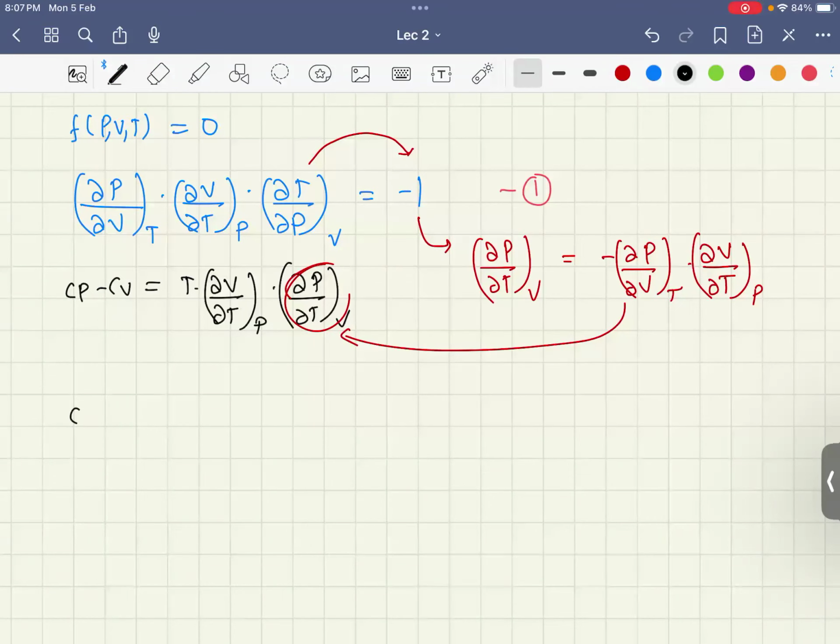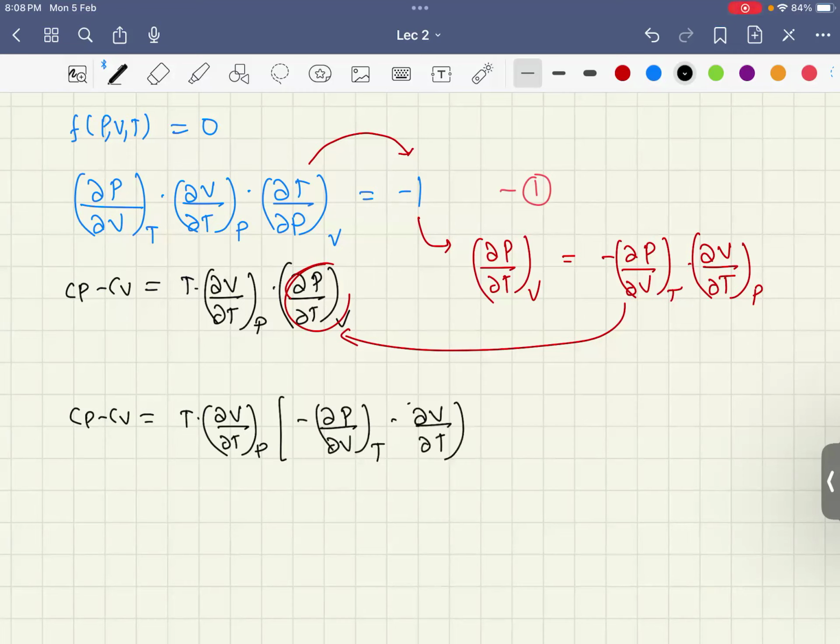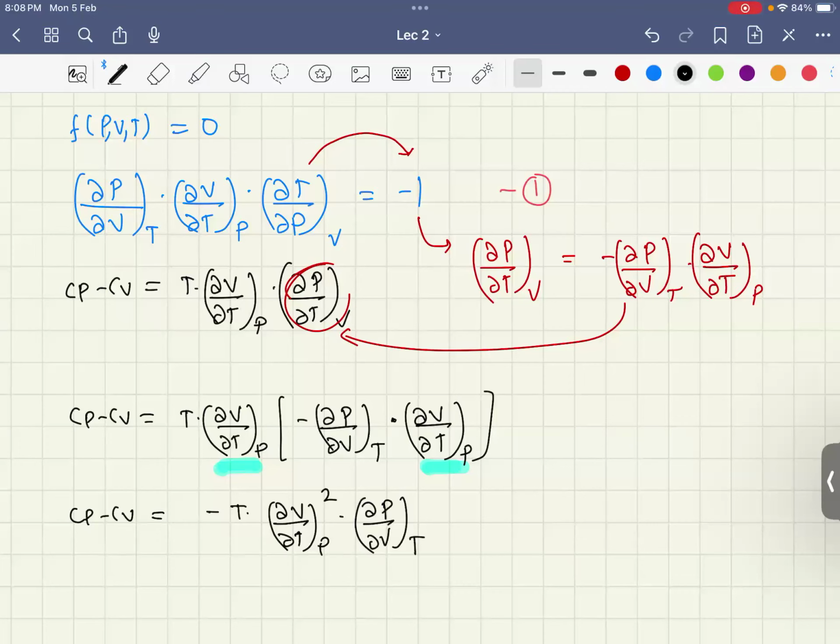In that case, Cp minus Cv is T into (∂V/∂T at constant P) multiplied by minus (∂P/∂V at constant T) into (∂V/∂T at constant P). Now you see this term and this term are the same. That means Cp minus Cv is minus T into (∂V/∂T at constant P) squared into (∂P/∂V at constant T).